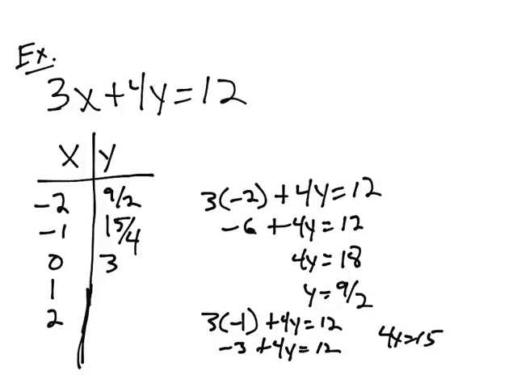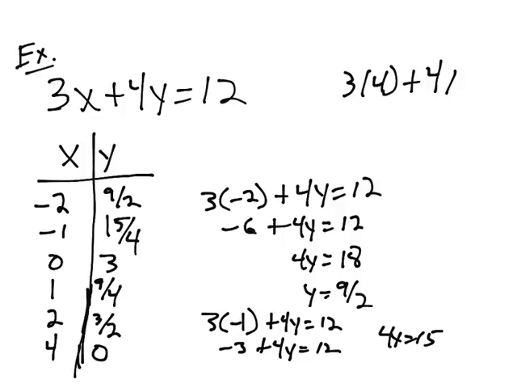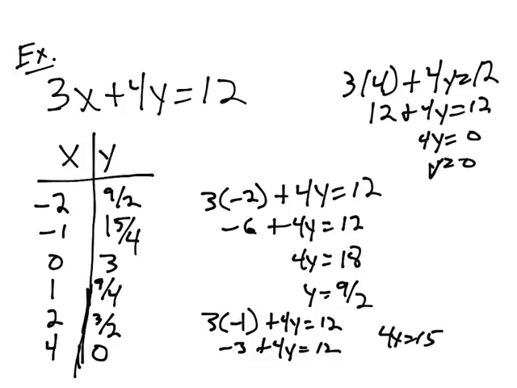We're going to get uglier answers. This is going to be 9/4. I'm going to leave these calculations to you. This is going to be 3/2. If we skip to 4, then y turns out to be 0, because if we plug in x equals 4, we get 12 plus 4y equals 12, so 4y equals 0, so y is 0.